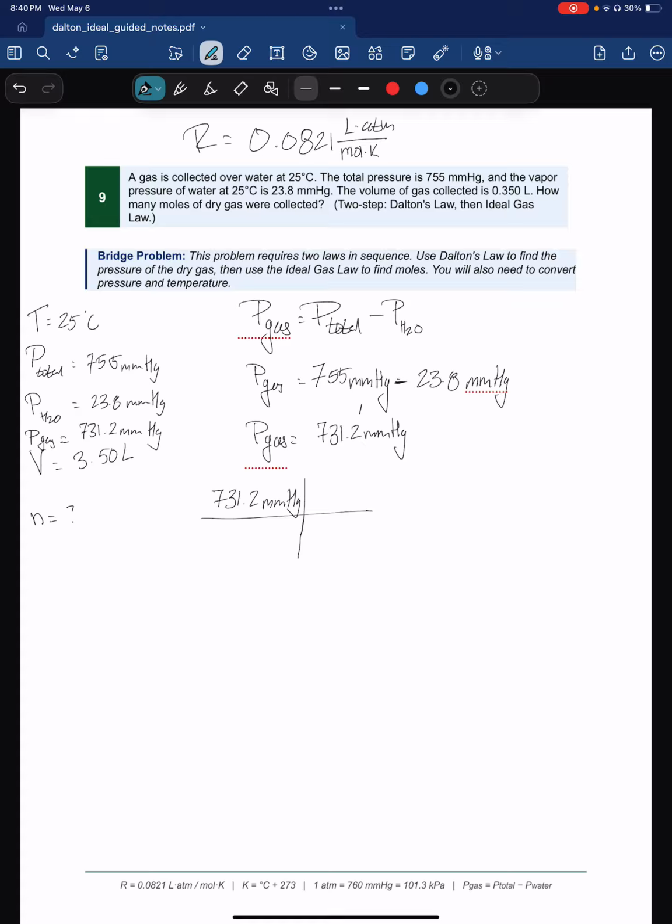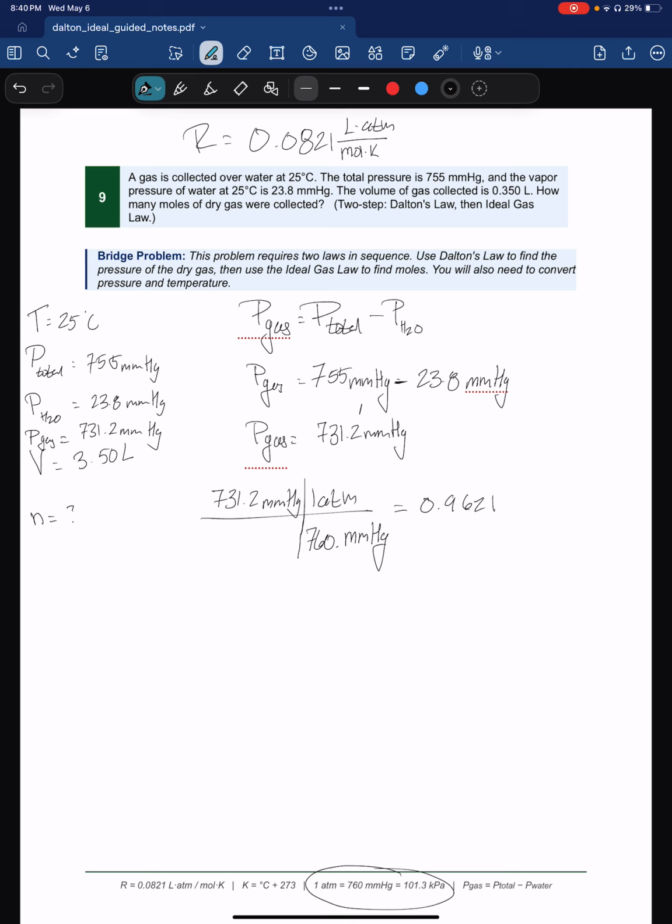You could have either gone all the way back to when I gave you that earlier, or you could just look down here at these conversion factors. 1 atmosphere is 760 millimeters of mercury. And so we've got 0.9621.